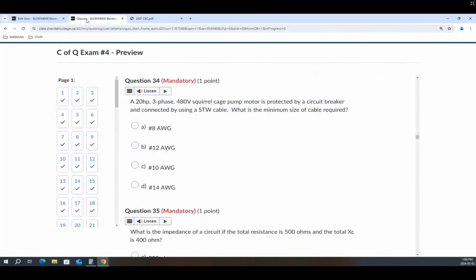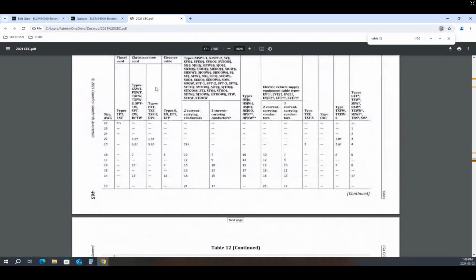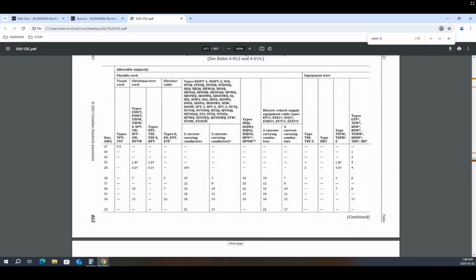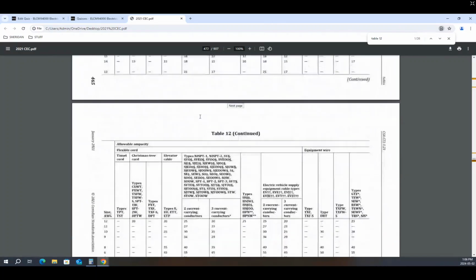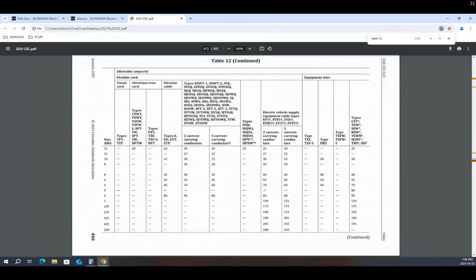And I'm looking for STW. There's STW right here.